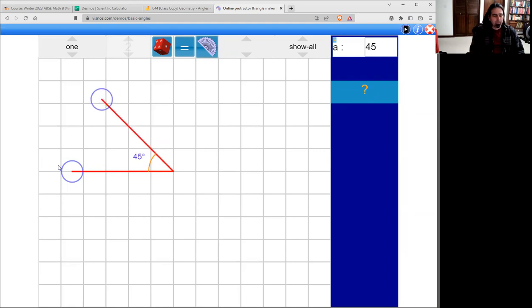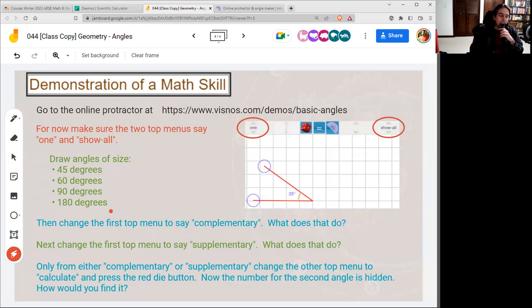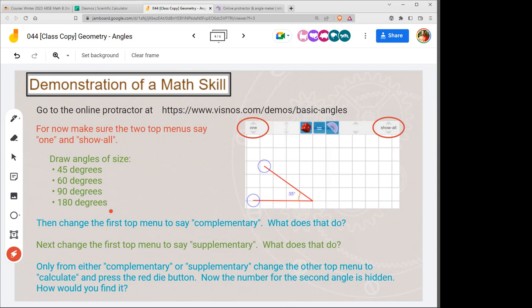There it is. 60. I drew it better. Ta-da. 90 was straight up, and so on. Any questions as you play with it? No.